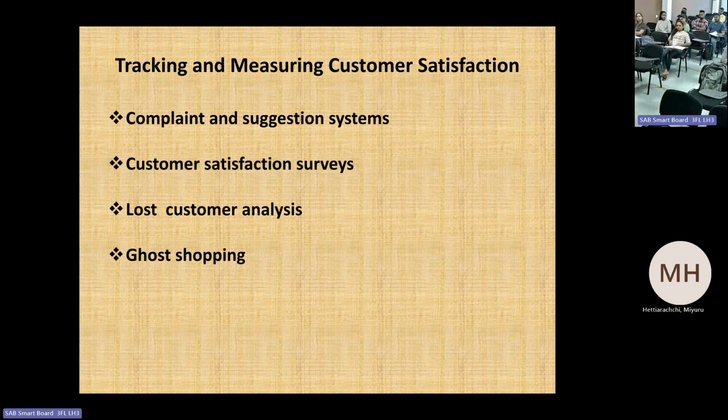Normally, the top management can assign an externally hired team of people, and ask them to go to your company's different branches as customers. They are pretended customers, but they act as real customers.